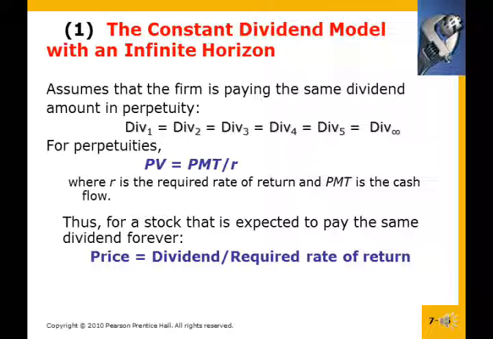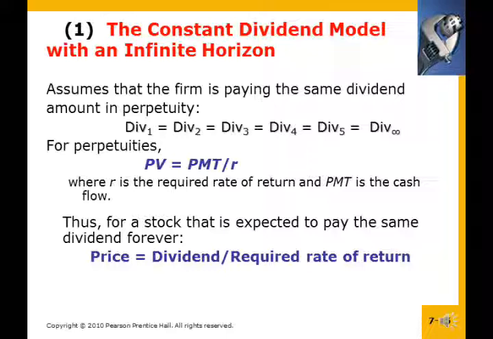Dividend 1 equals dividend 2 equals dividend 3, and so on till dividend infinity. So here you have constant dividend and no maturity date. And this can remind you of perpetuity or consol bond in the time value of money chapter.